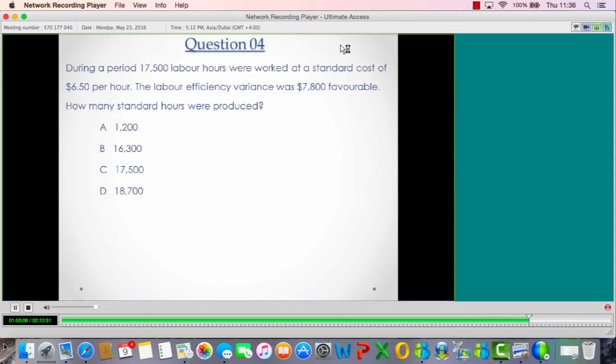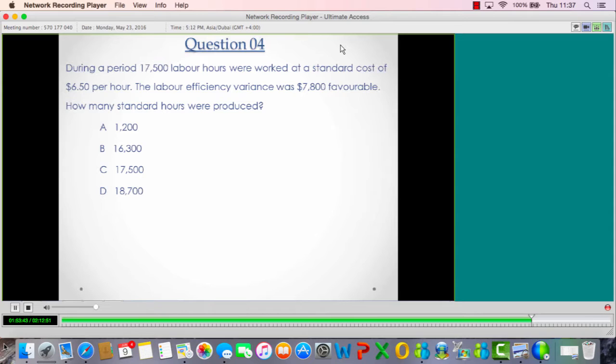That means if it's labor efficiency given in dollar terms, convert it to labor hours. That should be your first thinking here.